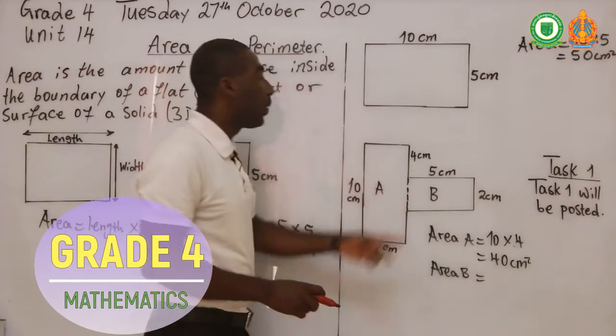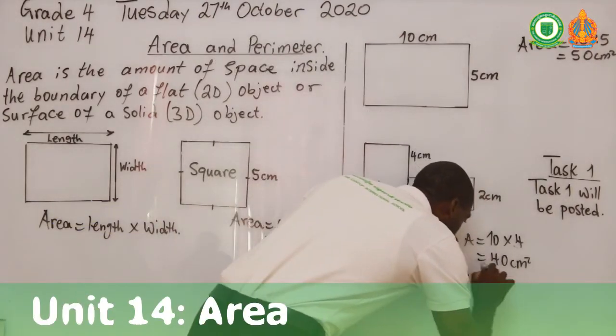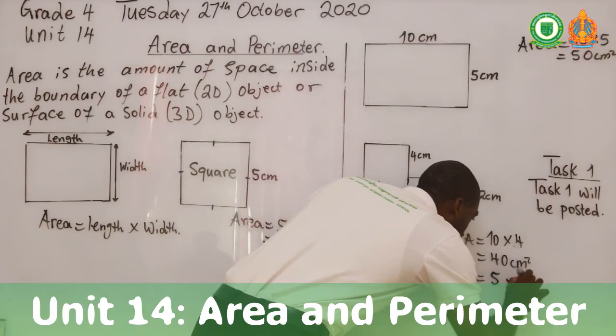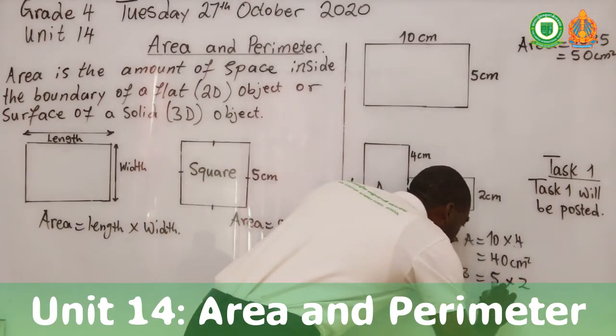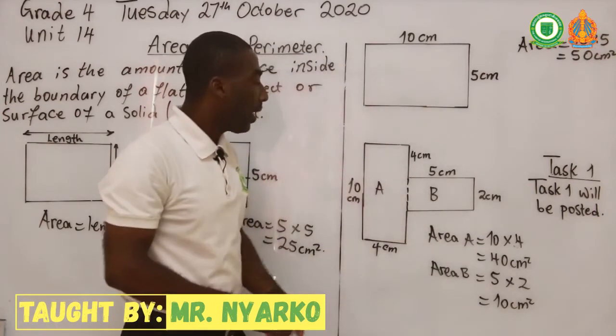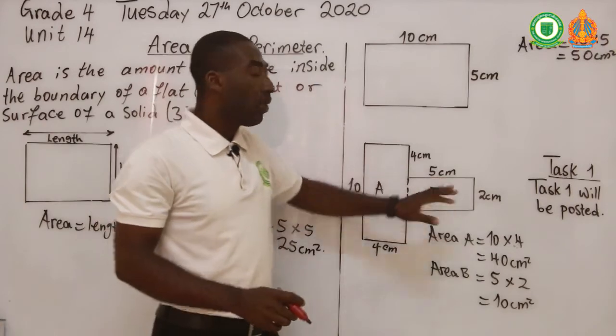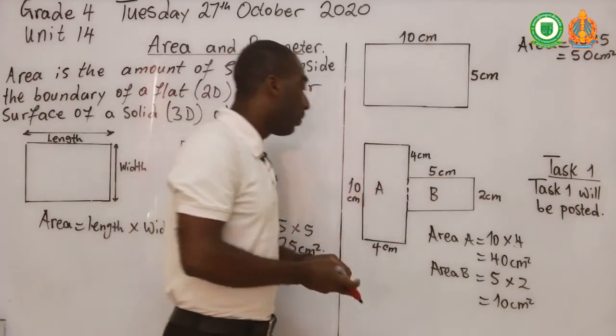Okay, so area B will be 5 multiplied by 2, and that will be equal to 10 centimeter square. Now we are looking for the area of A and that of B, so we need to add the two together.